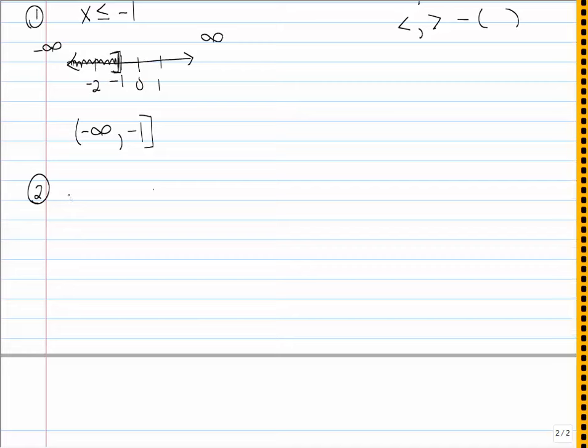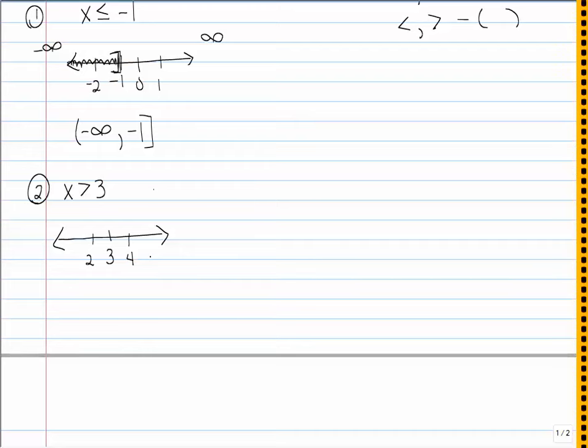All right, number 2, I'm going to graph x is greater than 3. I'm going to draw our little graph just like we did before. I'm going to put a few numbers on there. I know I need 3 on there. It doesn't matter really how many numbers you show, so just show a little bit of your number line.